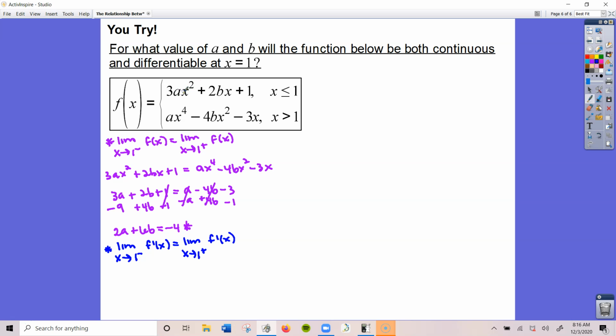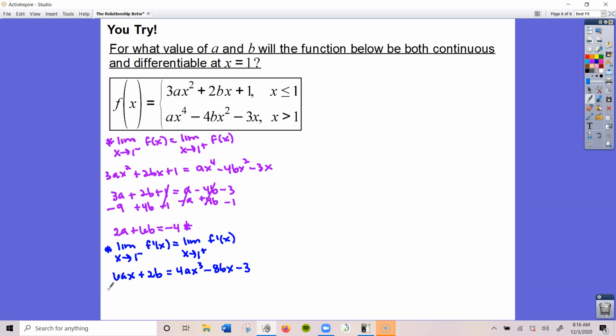We just treat a as if it's part of the number. So when I find the derivative of the left side, that is just the power rule. So we would get 6ax plus 2b, that's for the left, is going to equal 4ax cubed minus 8bx minus 3.